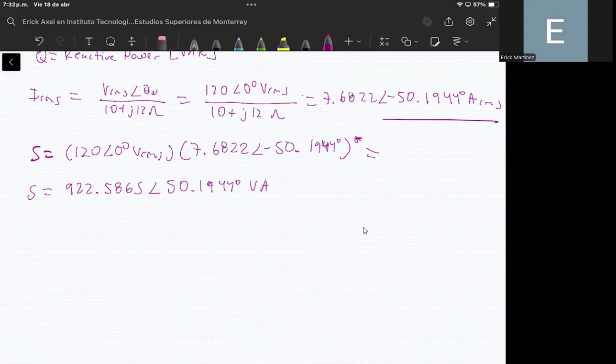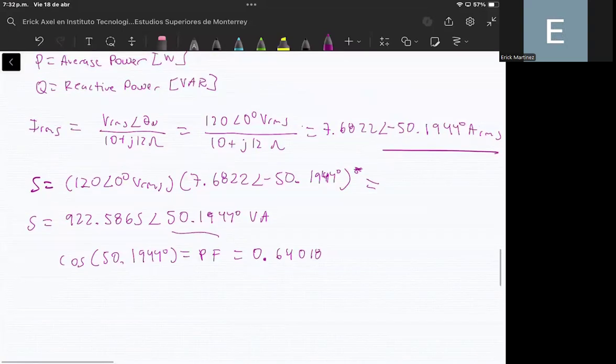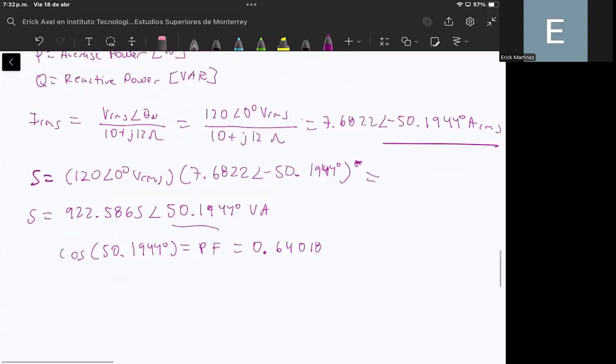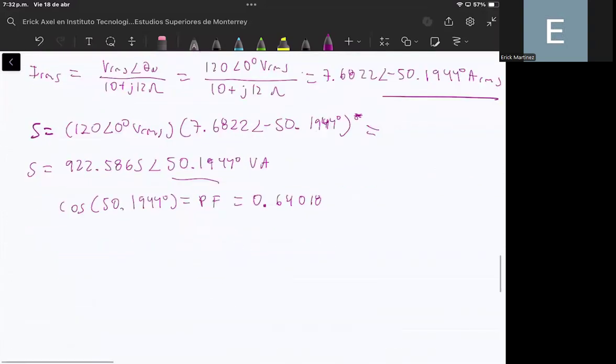And if I compute the cosine of the angle of the complex power, this cosine is equal to the power factor. So the power factor is equal to 0.64018. Also remember that we can represent this complex power in rectangular form.